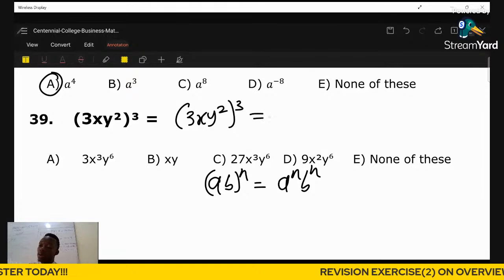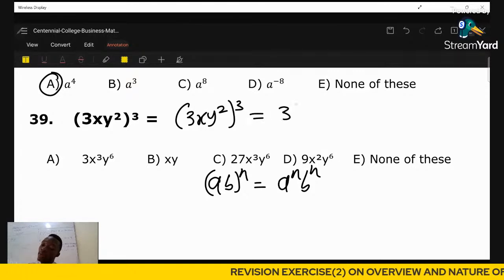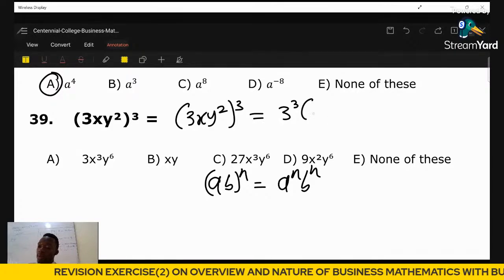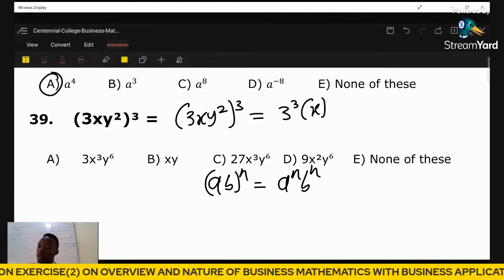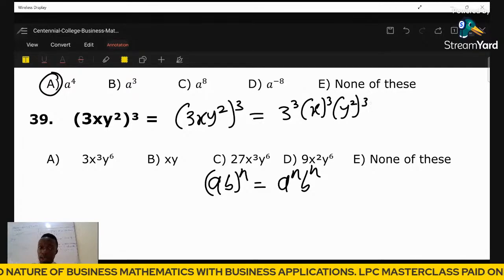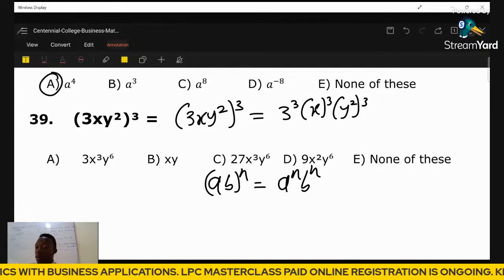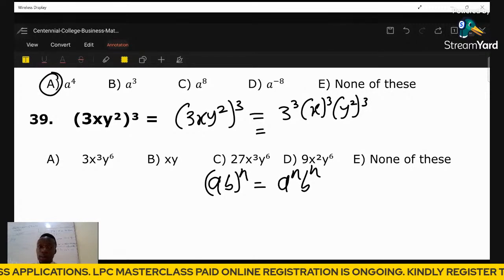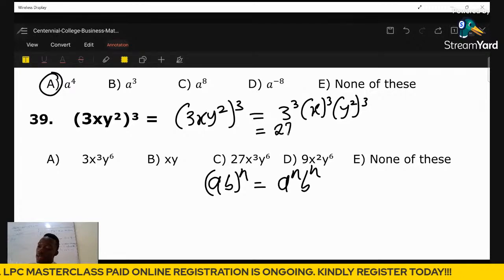So here's what we're going to do. We say that 3 will take the power of 3, okay? And then multiply by x also takes the power of 3. And then y squared will also take the power of 3. This is what we are talking about, exponential law. So we multiply the exponent. So what are we getting? At the end of the day, 3 cubed, we are getting 27, okay?